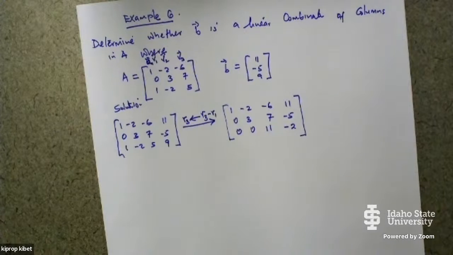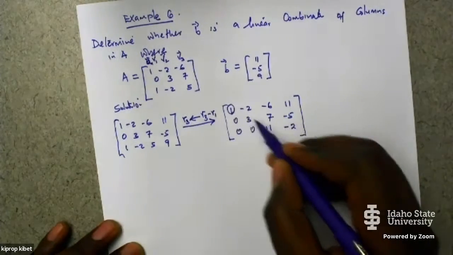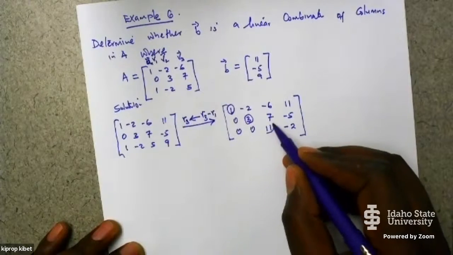In this case, we can see that it has already been reduced. So we have the pivot positions here.